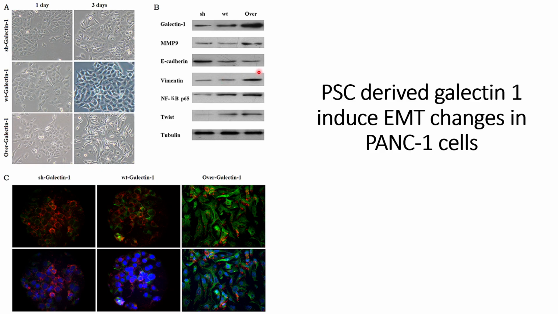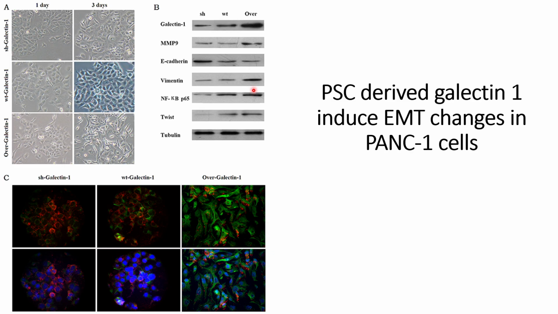And the changes to this EMT, the high Vimentin in the Galectin-1 overexpressed condition, is also supported by upregulation of NF-kappa B P65 compared to the wild type, and it is low in which Galectin-1 is knocked down.